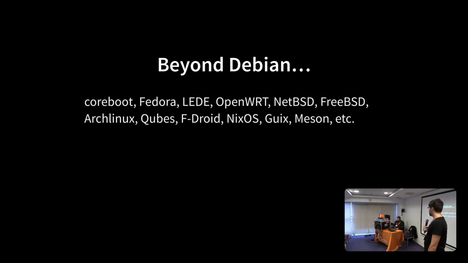We started in Debian, but when we expanded, we reached out to other communities and other distributions, and a bunch joined us on our journey. In particular, I want to highlight Arch Linux, which is doing some great work on this, and also F-Droid.